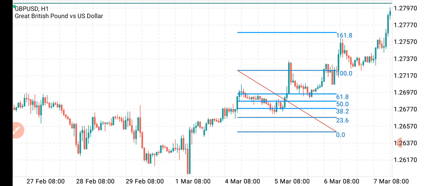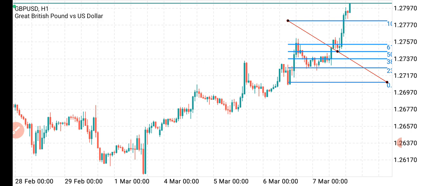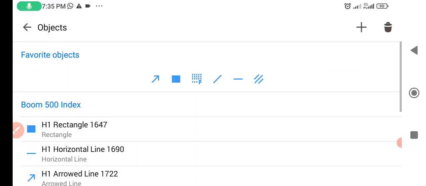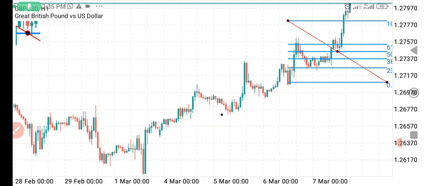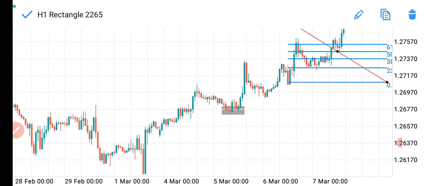Now let's assume that you have missed this entry from here, and since you have made this entry, this is an order block. This is a structural point.